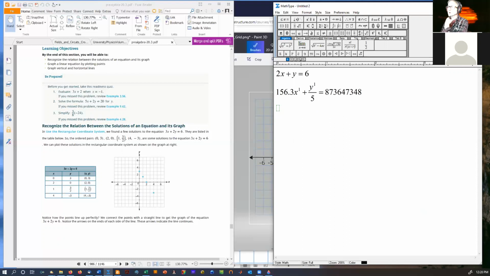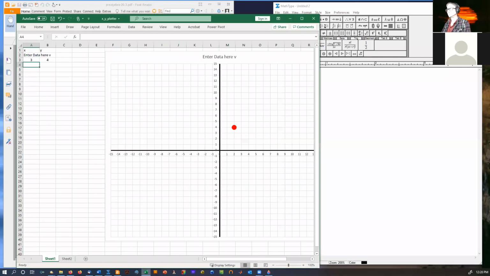And so what we're going to work on today is plotting these equations and what it looks like. Remember yesterday when we were solving these equations, if we looked at this equation where we have 3x plus 2y equals 6, and we had this table set up.